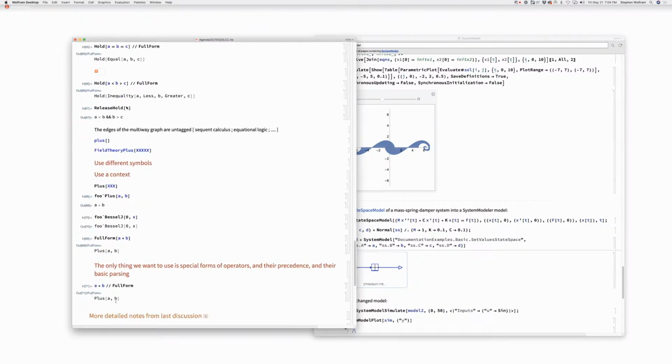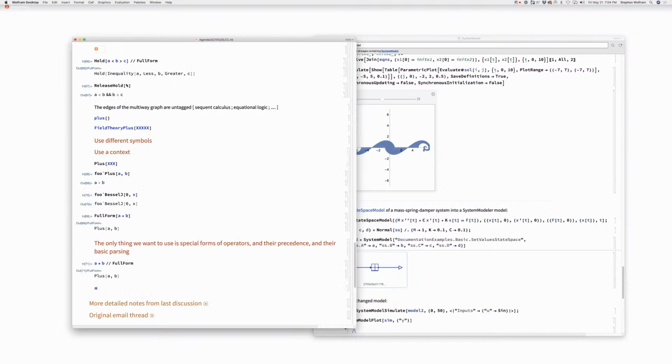Now, we already have something, which is the tilde operator, which has not been particularly widely used. But that is a way of essentially merging syntactic, it's a way of merging an infix operator with a name, right?